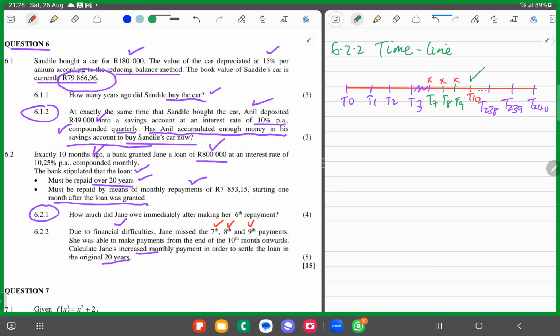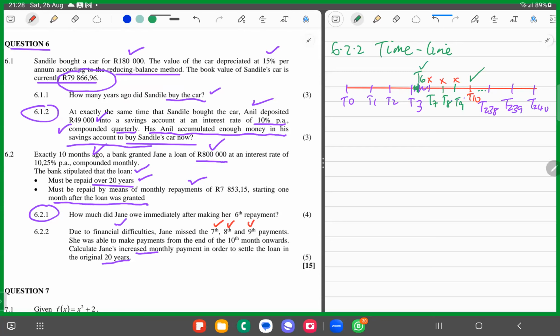Okay, but we remember that at T6, Jane was able to pay. Yes, T6 was able to pay. But there was a jump there. From T3 to T6, there were payments there, but not shown on the timeline.